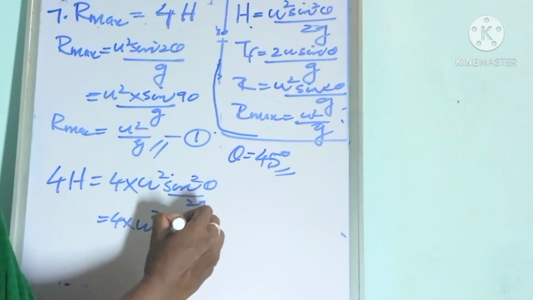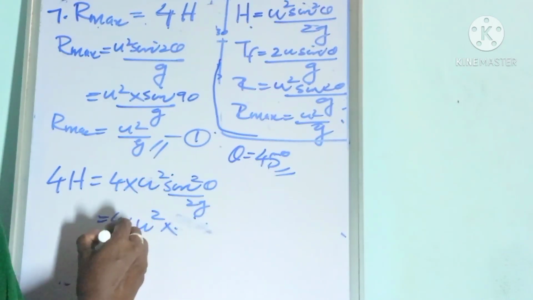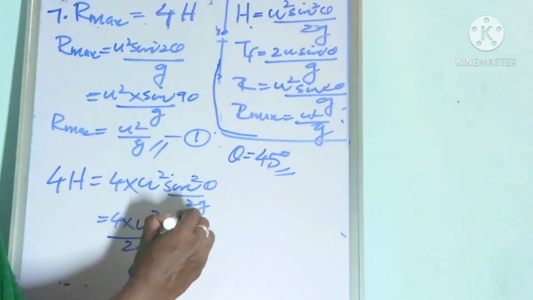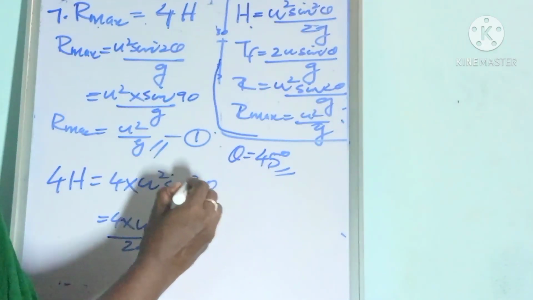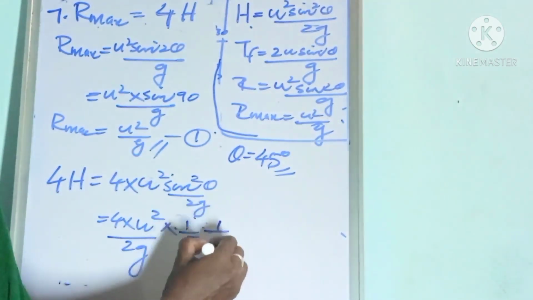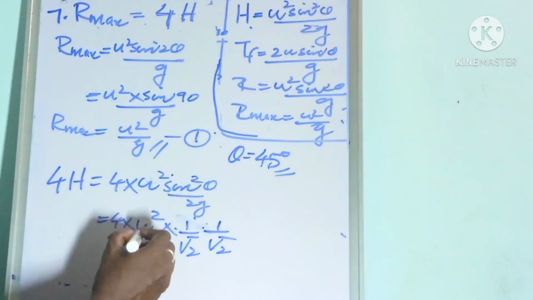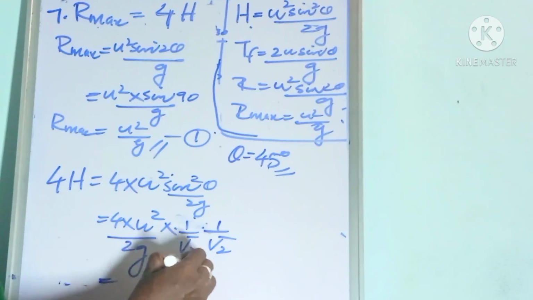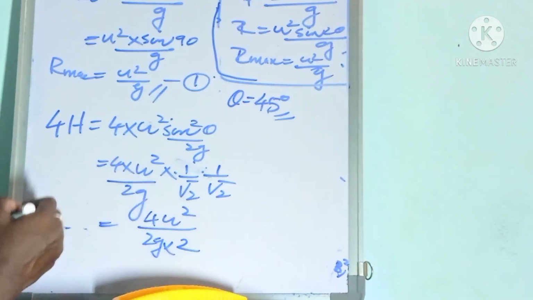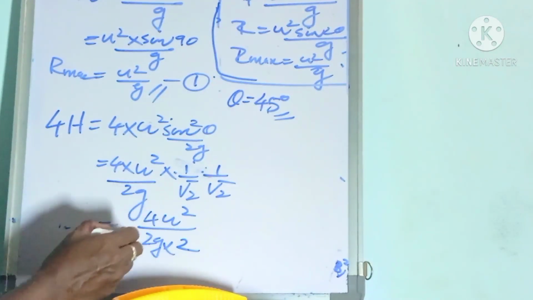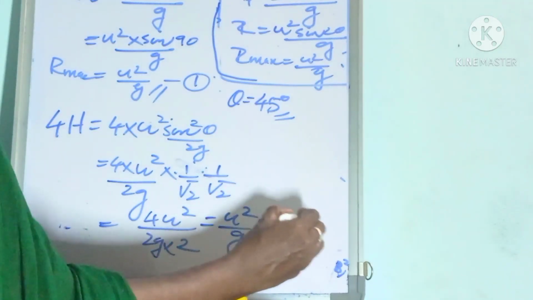What is the value of sin 45? 1 by root 2, again sin 45 is 1 by root 2. So it is 4 u square by 2g into root 2 into root 2, which is 2. 2 into 2 is 4, this 4 cancels and we get u square by g. That is equation number 2.